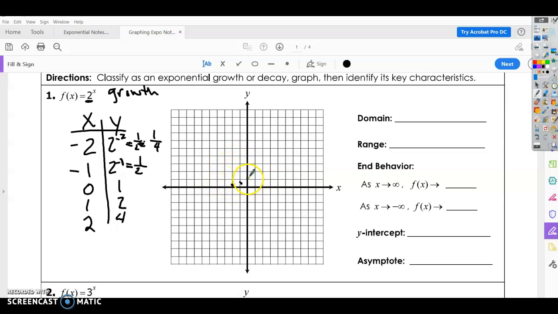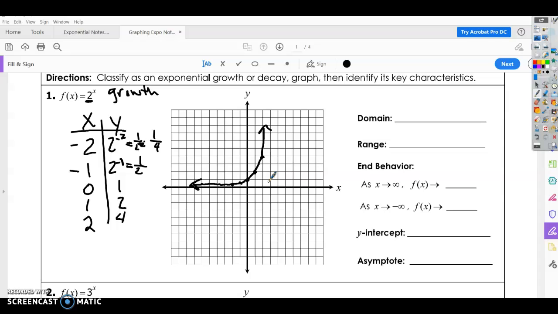And then 0, 1, 1, 2, and 2, 4. And you can see exponential functions, once they start growing, they grow very quickly. So you're going to sketch the graph. Okay, it's approaching this line, but it's not crossing it. And then if you sketch the graph, it's going to look something like this.